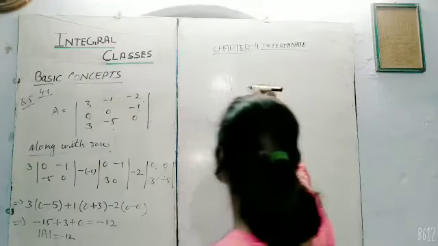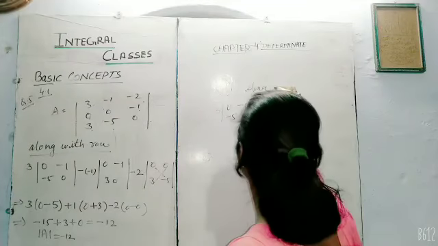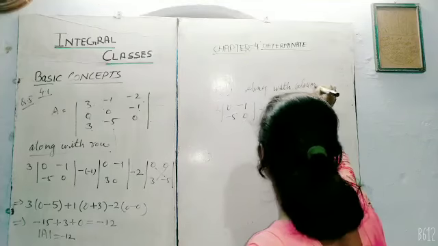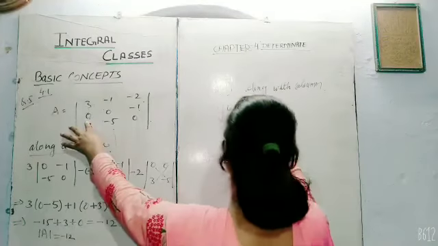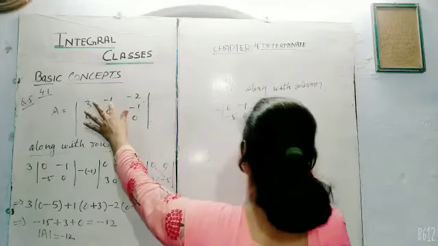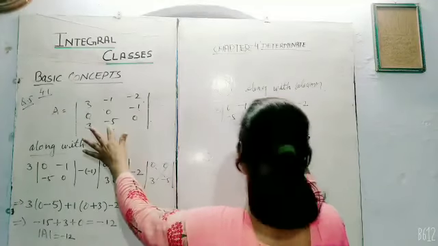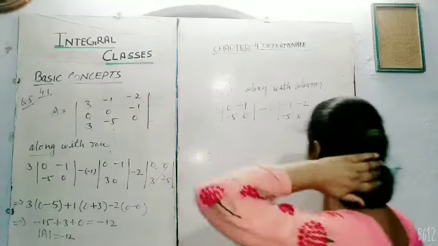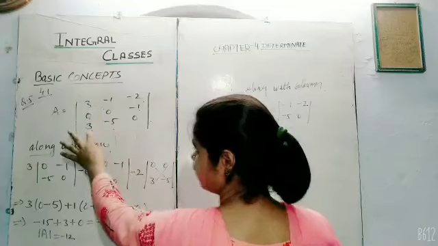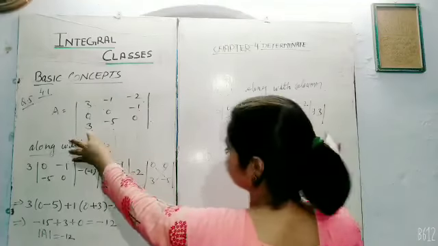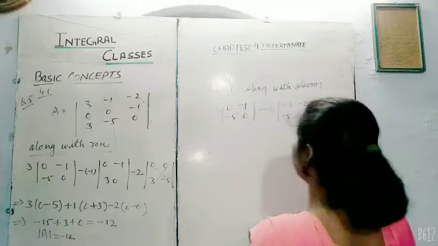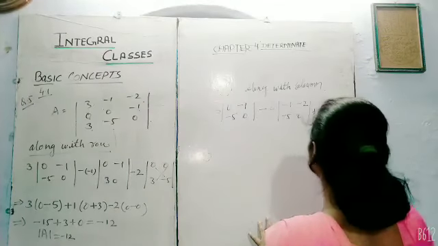Then 0, and the remaining are the same: the second row and first column are deleted, then the remaining are minus 1, minus 2, minus 5 and 0. Next is the third row. In the first column, the third element is this 3, therefore the third row and first column are deleted, the remaining are minus 1, minus 2, 0 and minus 1.